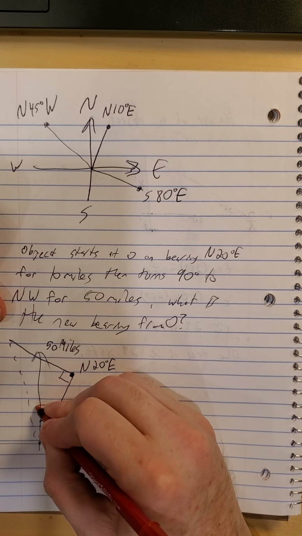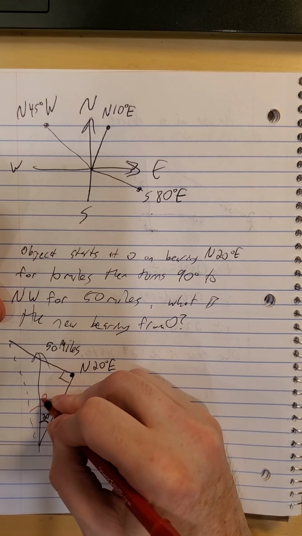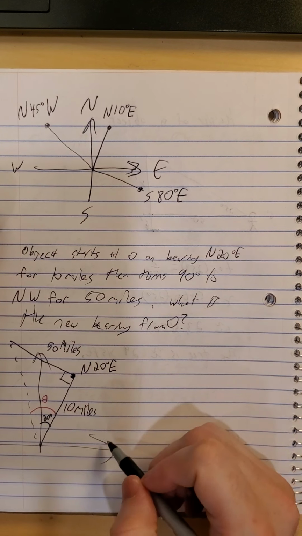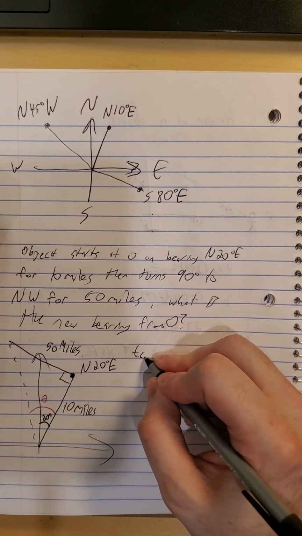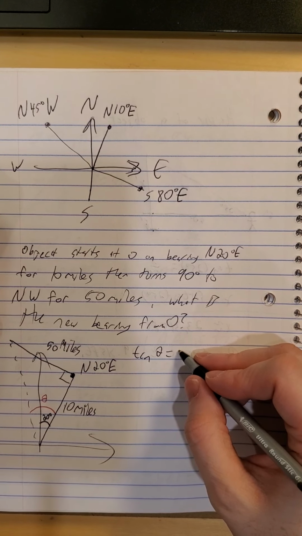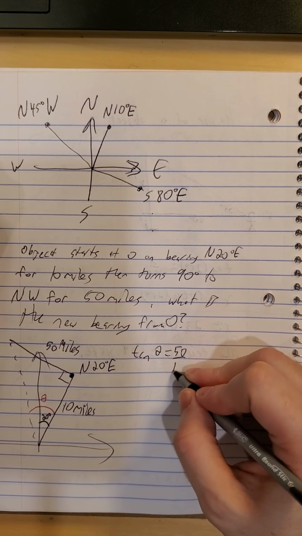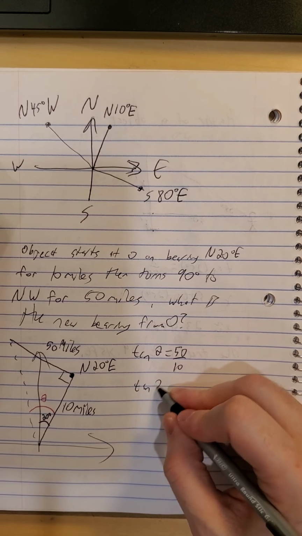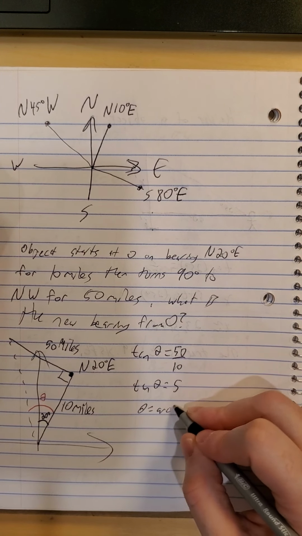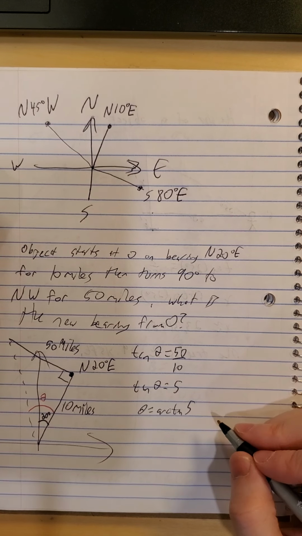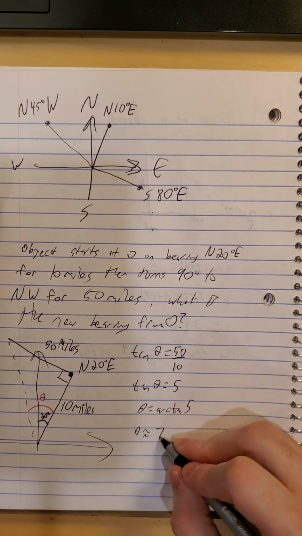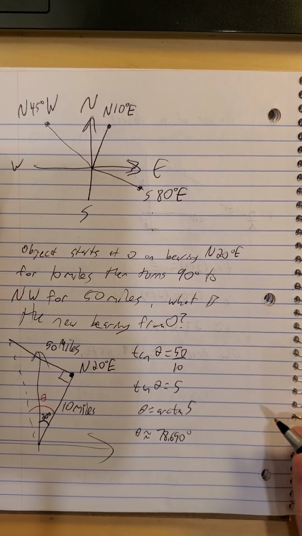So what we'll do is temporarily make this whole angle theta. And we know the adjacent, we know the opposite, so tangent will be involved. So tangent of theta is equal to the opposite over the adjacent. So tangent theta is equal to 5. So theta is the arctangent of 5. So theta is approximately 78.690 degrees.